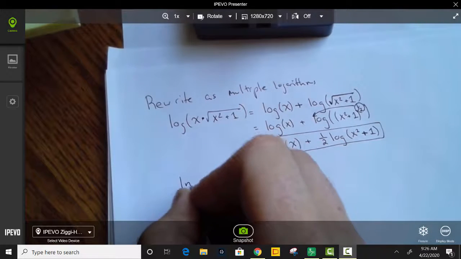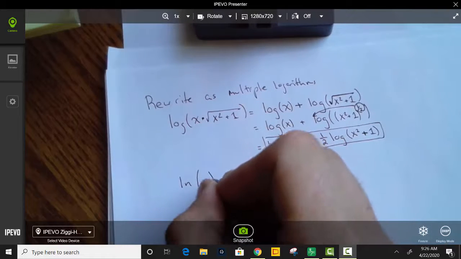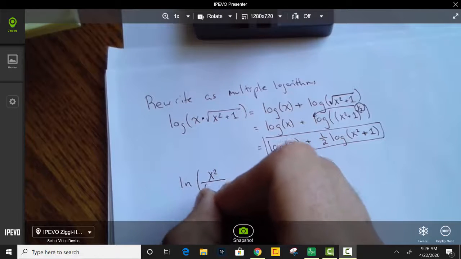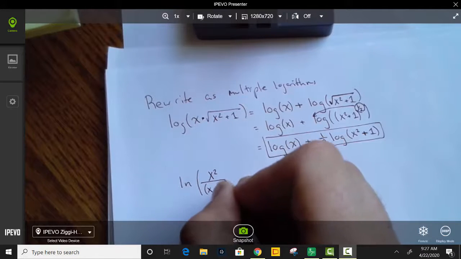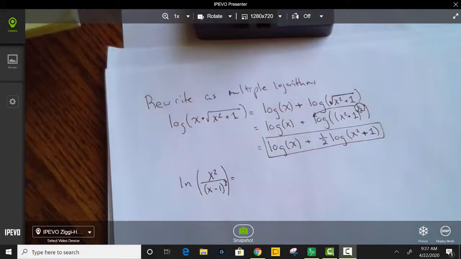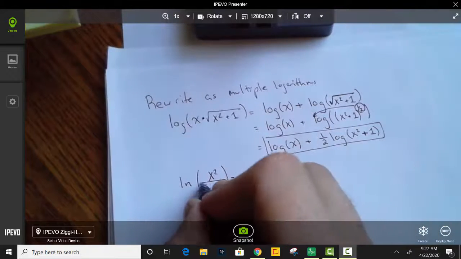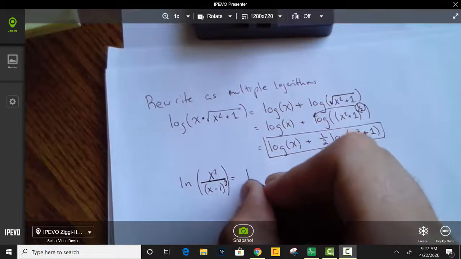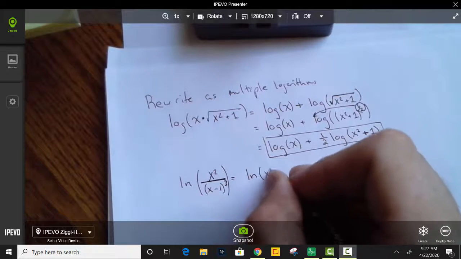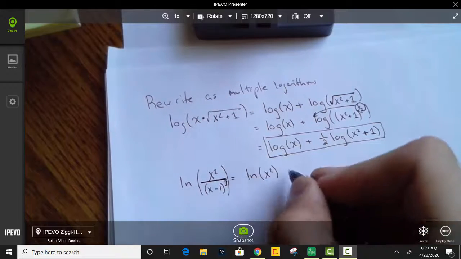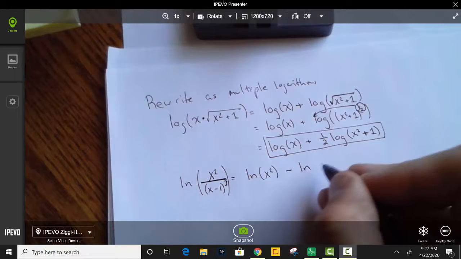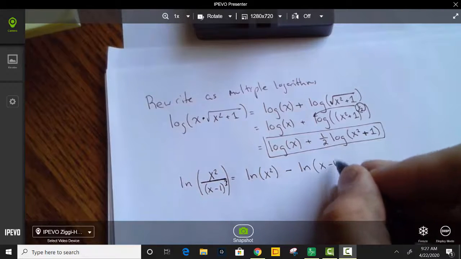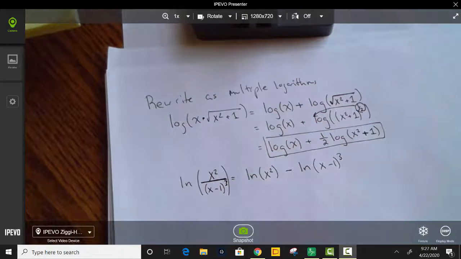Now let's say we've got natural log of x squared over x minus 1 to the third. The fact that we have a division means we can rewrite this as natural log of x squared, and the division turns into minus natural log of x minus 1 to the third.